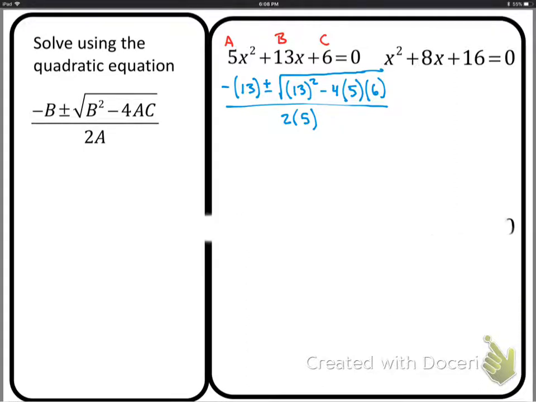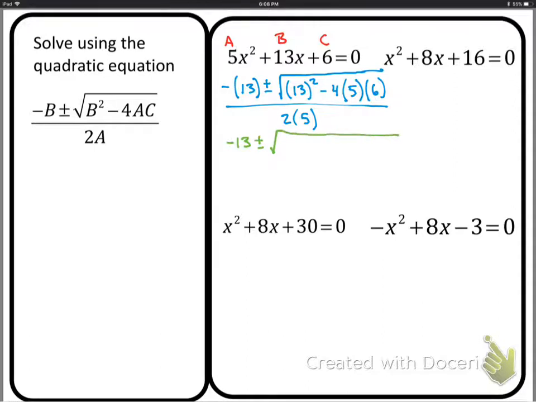So let me erase this here so we have more room to work with. Okay, so now simplifying. This here turns into negative 13 plus or minus the square root.